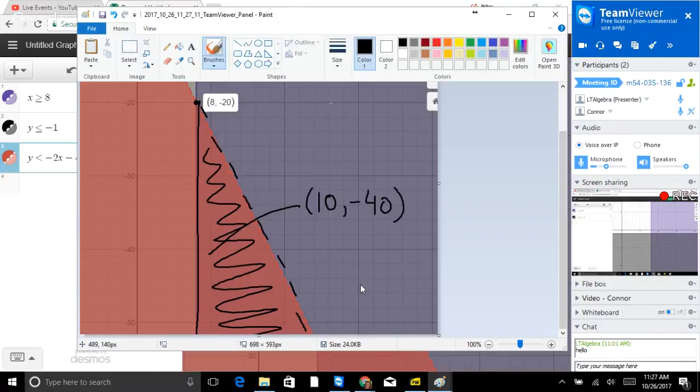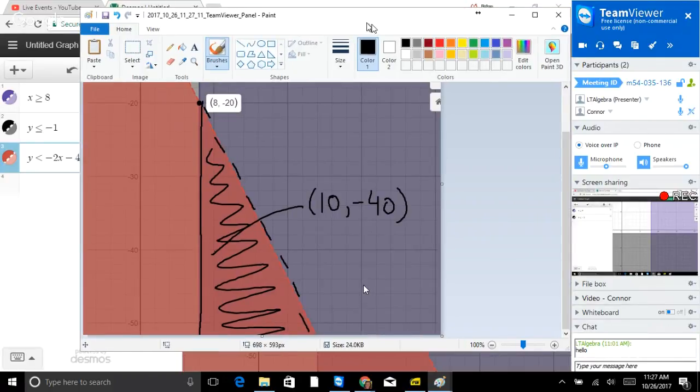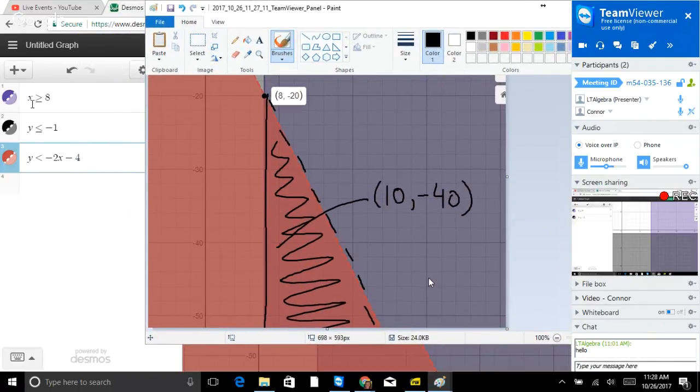All right, so if I go back to my equations, does it make all of these true? Is x greater than or equal to 8? Yes, x is 10, which is bigger than 8. Is y less than -1? Well, y is -40, so it's definitely less than -1. And then if I plug in my numbers here, so -2 times 10 is -20, minus 4 is -24. -24 is bigger than -40. So somehow we've managed to find this little slice of number line that is true for all three.